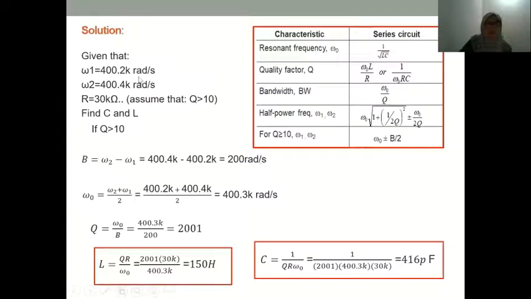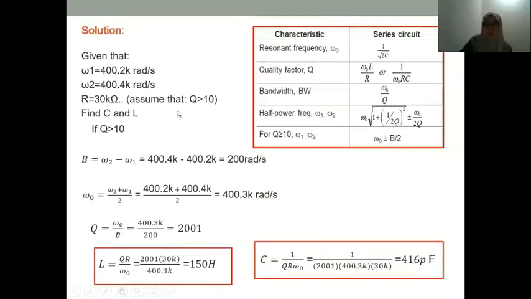Now you have this formula. If you refer back to the band pass filter, the configuration of R, L, C are in series, so we are using the series circuit formula. Given that omega 1 for the low frequency is 400.2 kilo radian per second, omega 2 is 400.4 kilo radian per second, and your R is 30 kilo ohms.